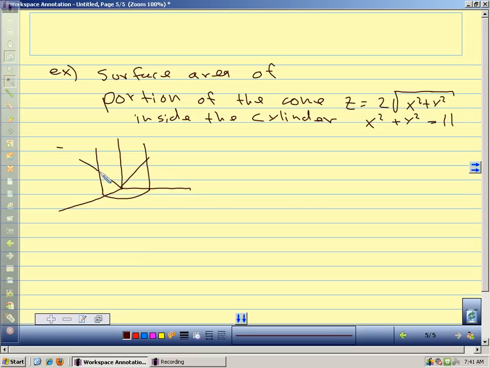So we're looking at the surface area of the cone that's here inside the cylinder. So the cylinder is telling us our region in the xy plane. So the region, x squared plus y squared less than or equal to 11.